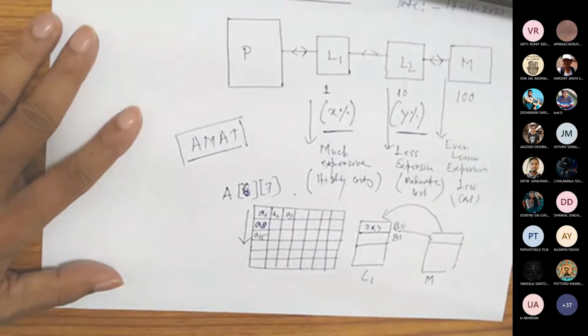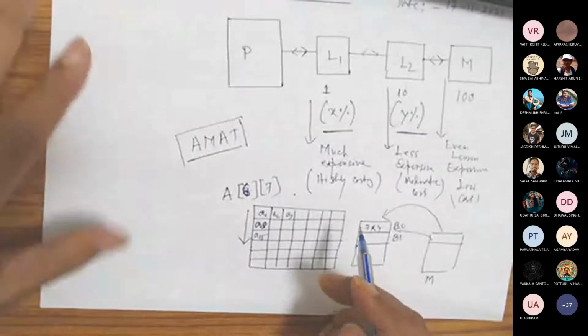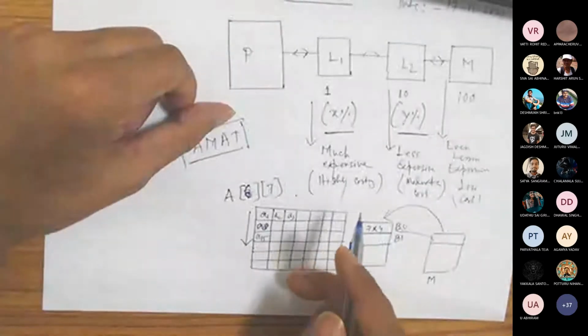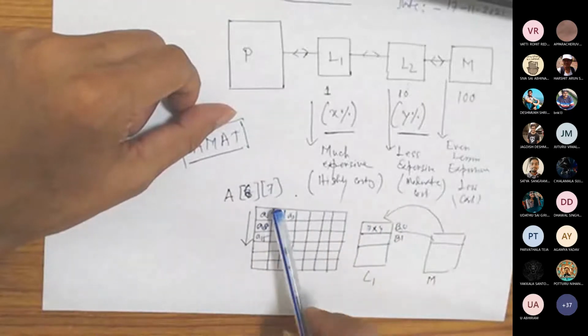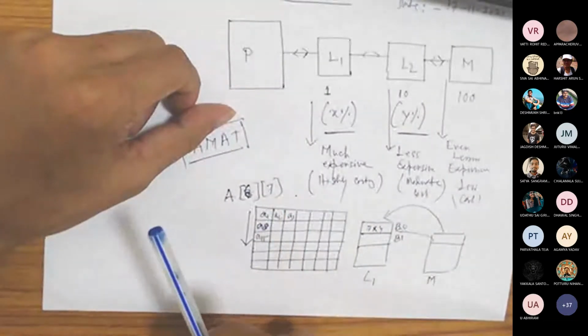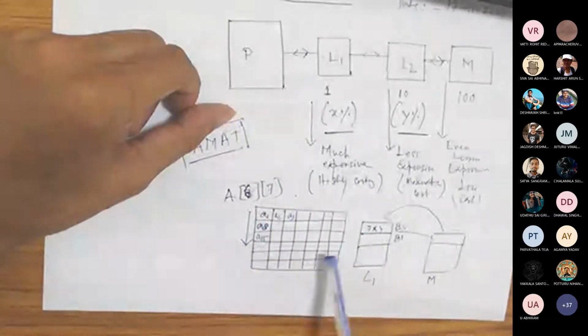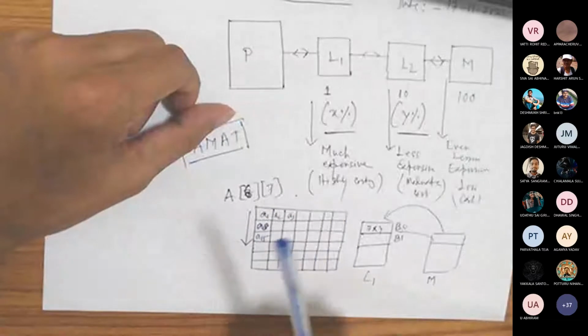As a high level programmer, you may not be exploiting all these features. But when you become a compiler designer, you must take care of all these things, because your compiler will be used by a high level programmer who may not know about this exploitation.